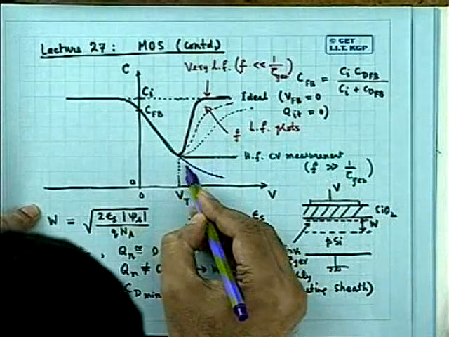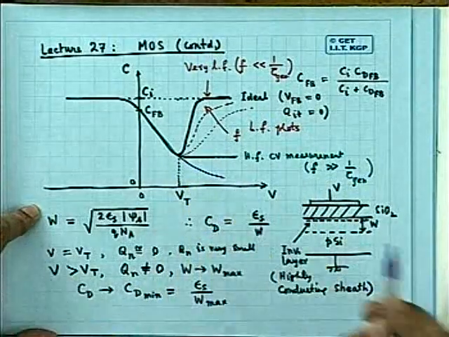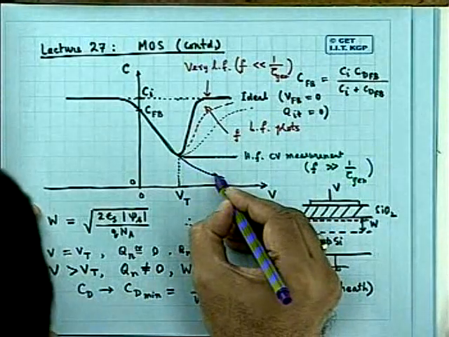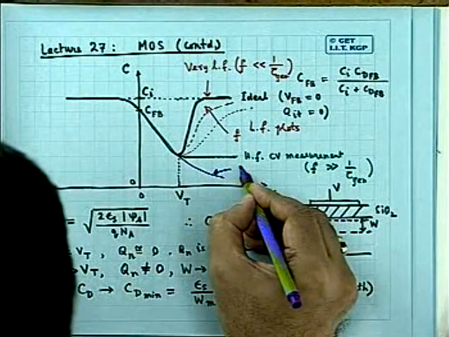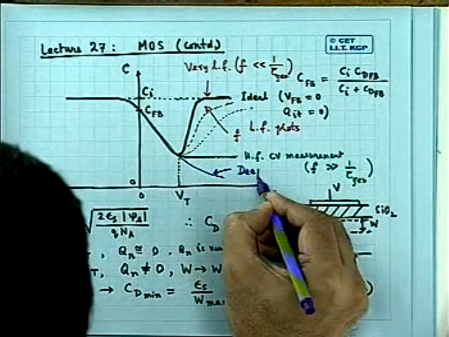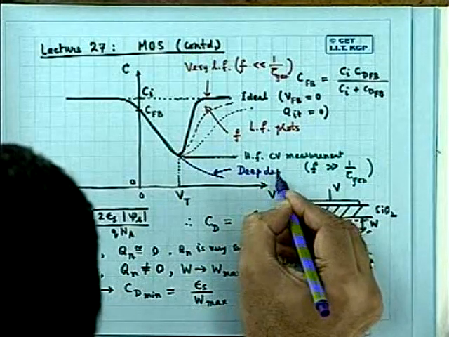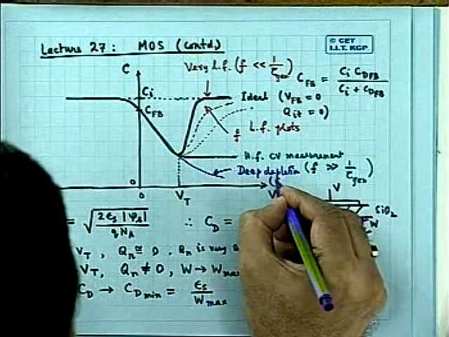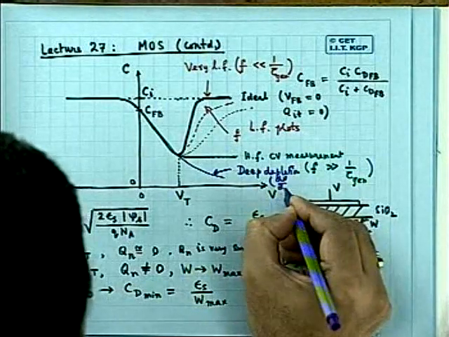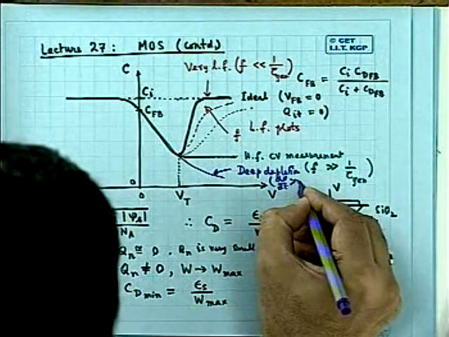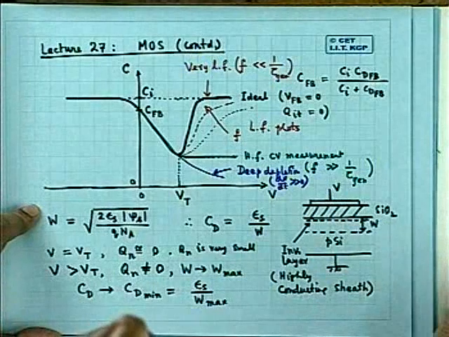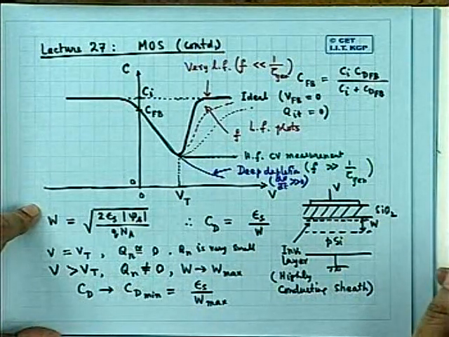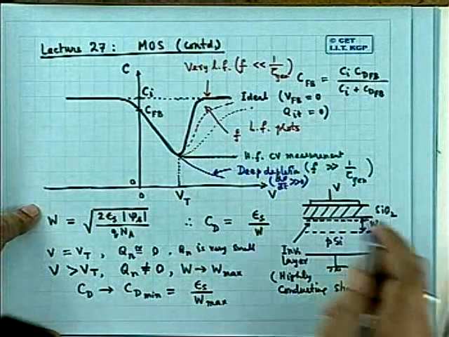Rather, the capacitance will continue to decrease. And this is what is known as the deep depletion case. This happens when dV/dt is very, very large. This is very, very important.